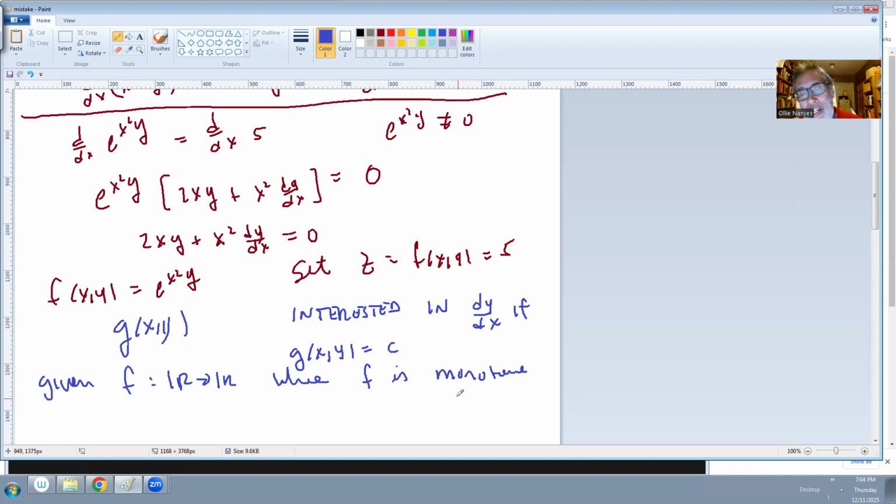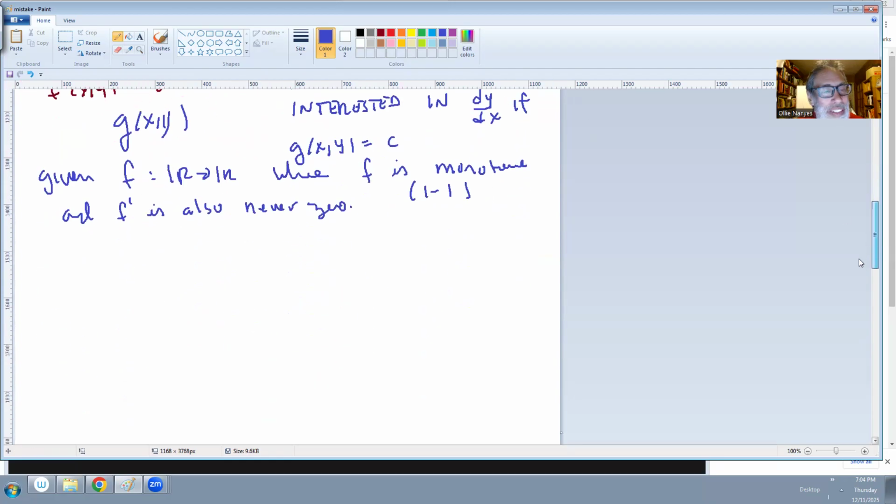In other words, either always increasing or decreasing. That implies it's 1 to 1. And f prime is also never 0. That's important. So you have f prime not equal to 0.